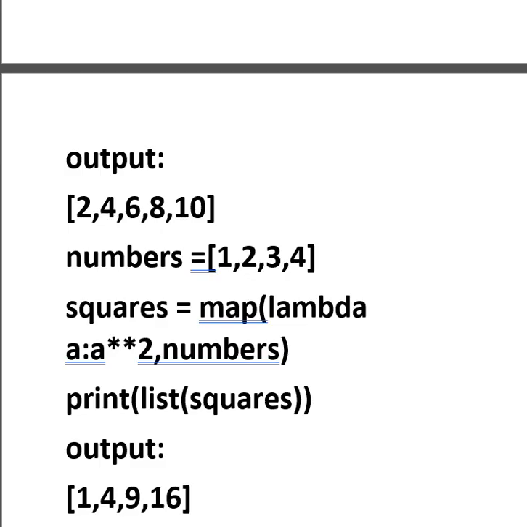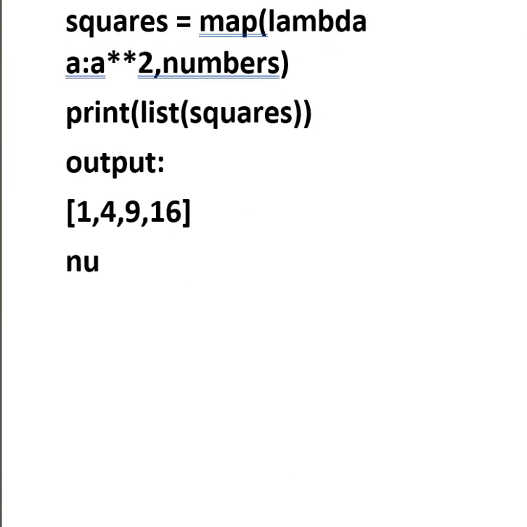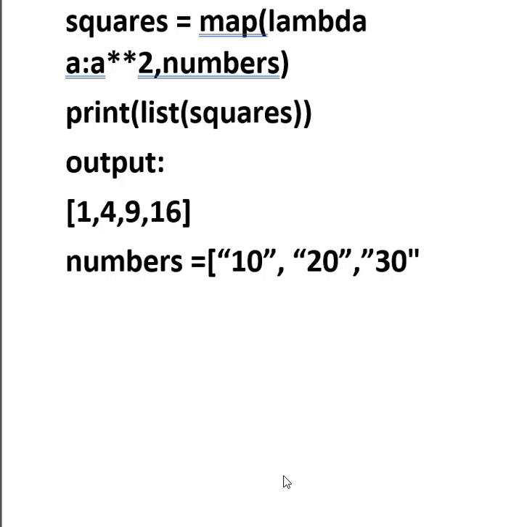The next example is we need to convert strings into integers. Okay, so I'm taking an example: numbers is equal to 10, 20, 30, as strings. And result is equal to map of int comma numbers.